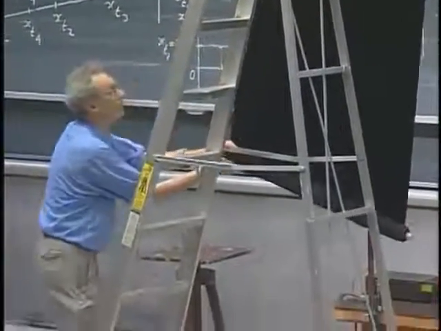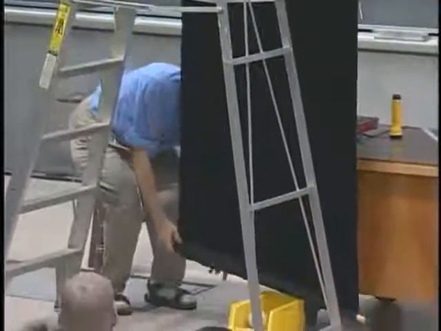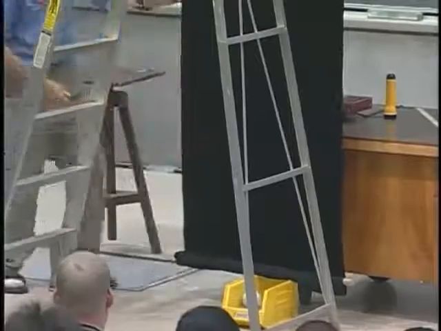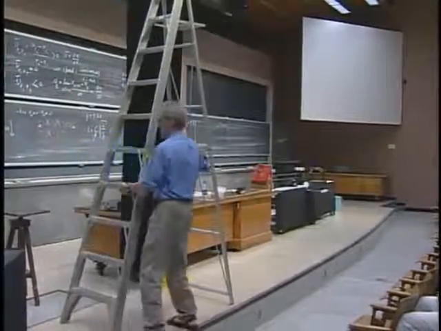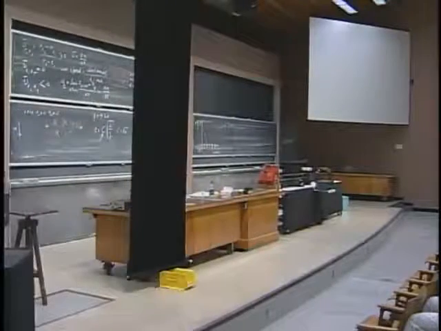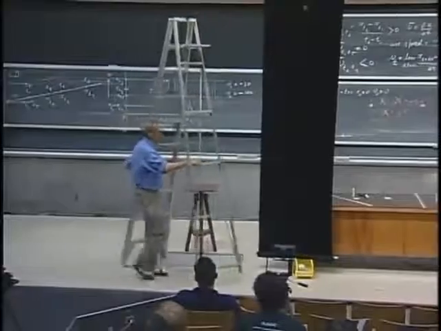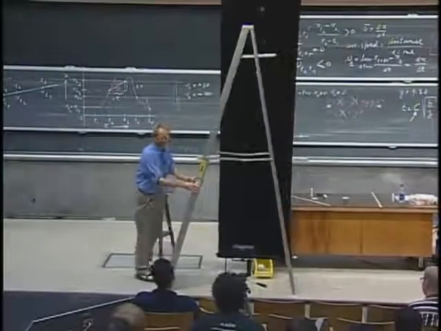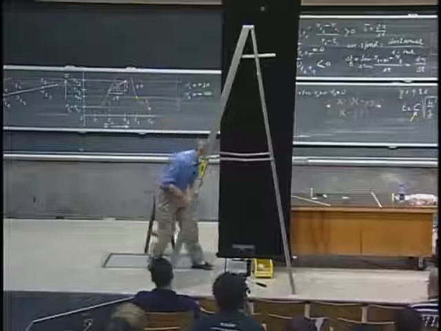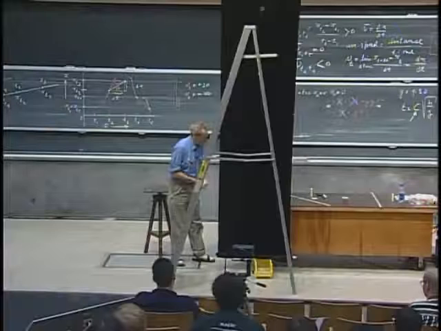With my fingerprints on it, it's not so black anymore. There it is. That's the background. Oh, what am I doing? I need the ladder again. I have to bring the apple up. Friday is always a bad day for me. Okay. So now I'm going to bring the apple up.